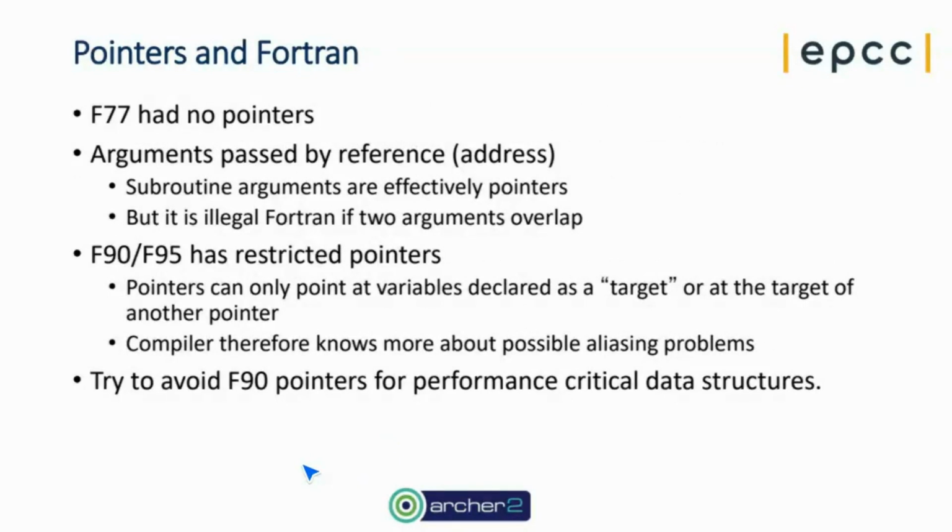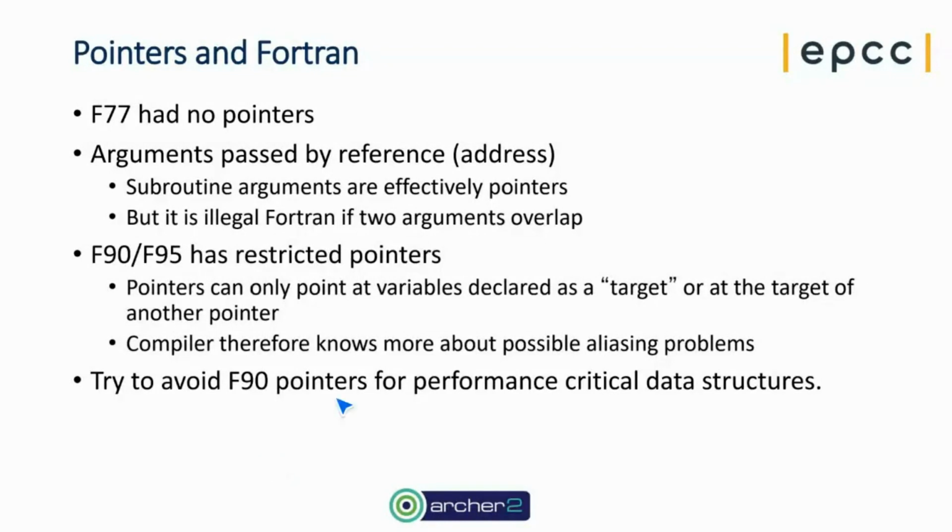Okay, this is still somewhat relevant to Fortran. Old style Fortran 77 didn't have any pointers, but arguments were passed by reference. So subroutine arguments are effectively pointers in Fortran because you're passing by address.